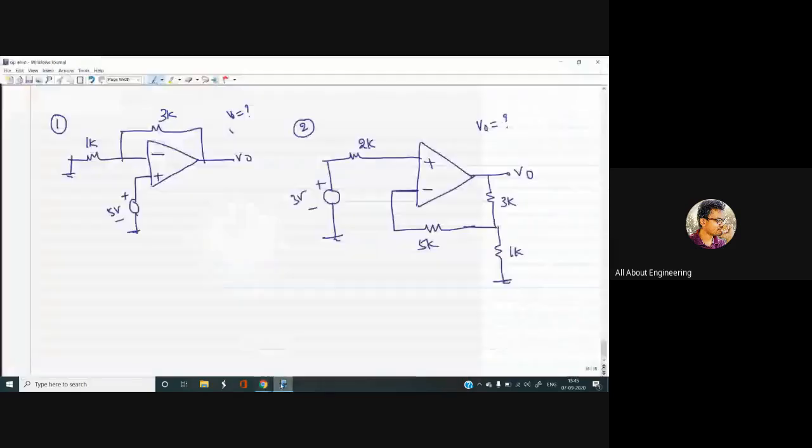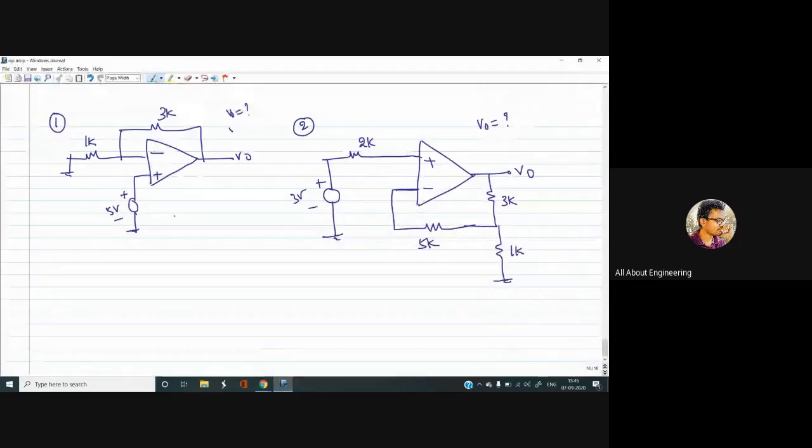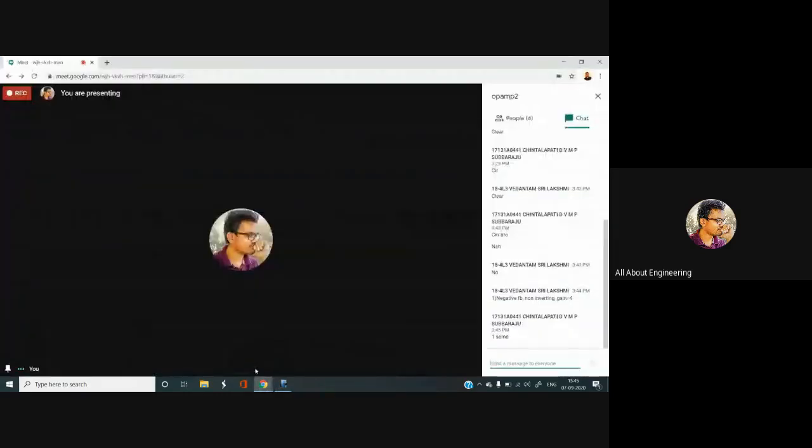No, gain is not required. You tell me what V out is. I want the output. Okay, gain is 4 only. If it's multiplied by Vs, that is 5 volts, the output would be 20 volts. Okay, you're done with the first question.